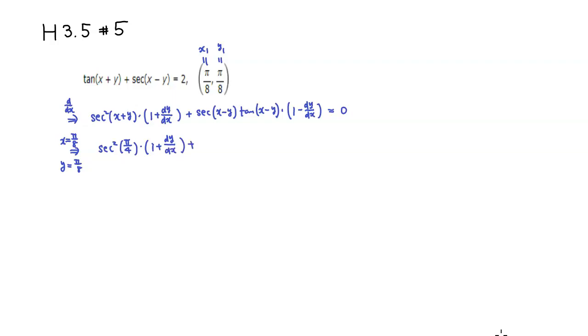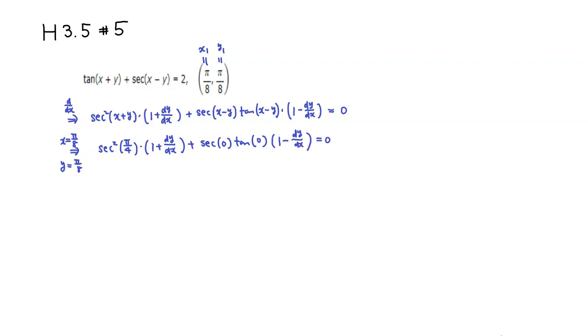Then you have secant of pi over 8 minus pi over 8, so that's 0, times tangent of pi over 8 minus pi over 8, 0 again, times 1 minus dy over dx. That is equal to 0.